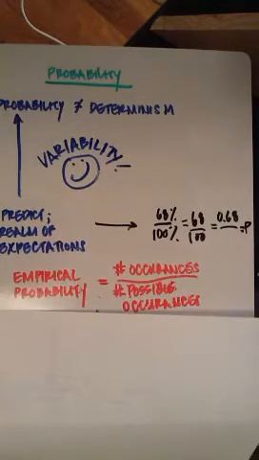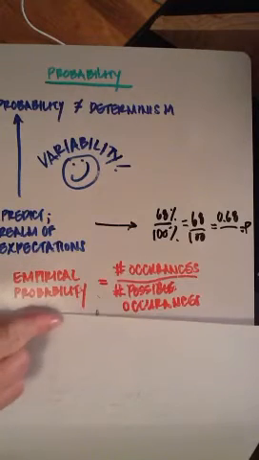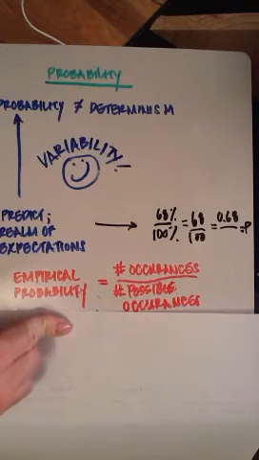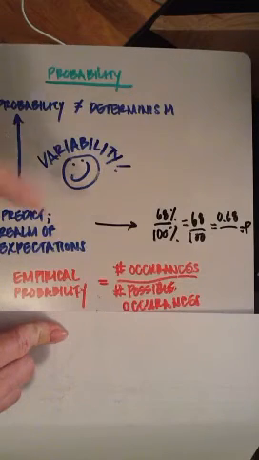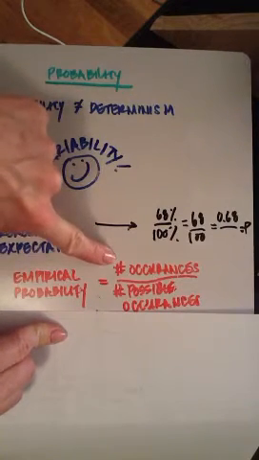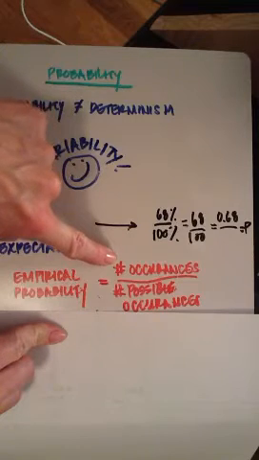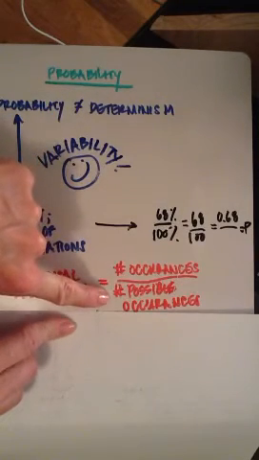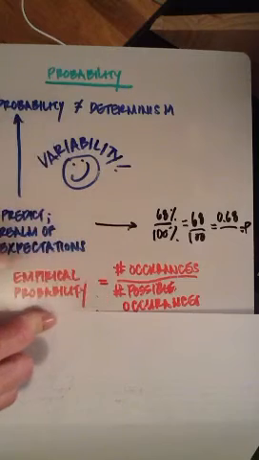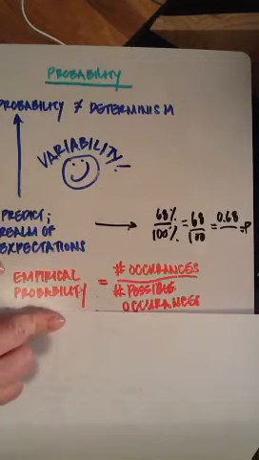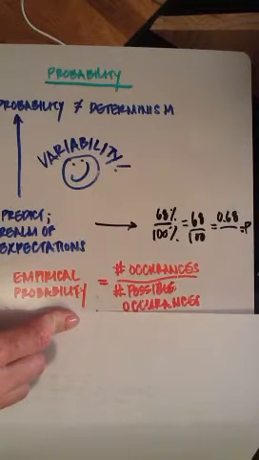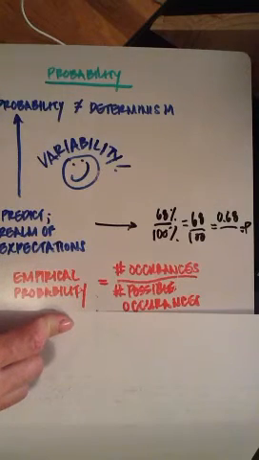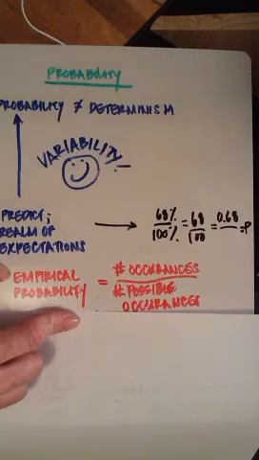We'll talk about statistical probability in a minute, but empirical probability would be in a study environment. If you were to count the number of occurrences of something and divide that by the number of possible occurrences, you would get what's called the empirical probability. Let's say, for example, that I sat on a playground, not in any sort of creepy way, but watching students play.